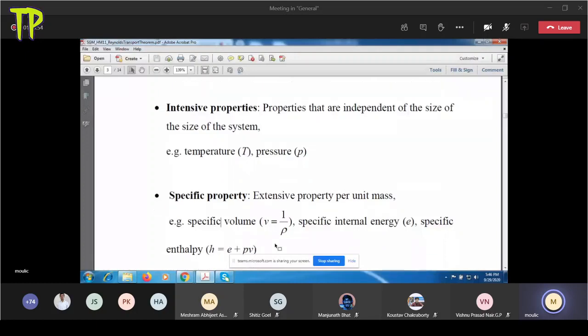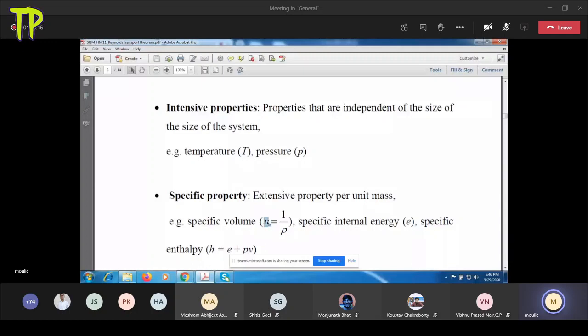If you look at a book on thermodynamics, the authors will be dealing with many thermodynamic relations, and none of those relations involve density explicitly; they will be in terms of the specific volume.